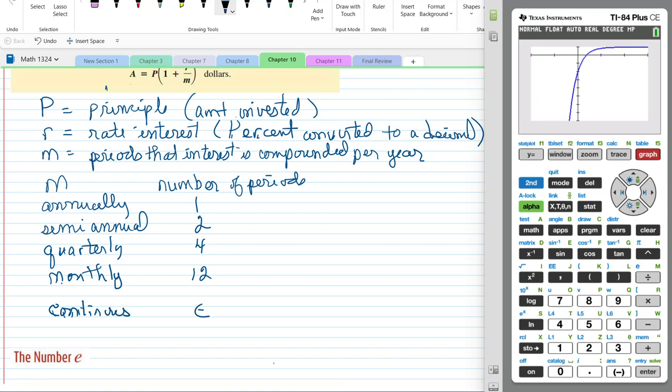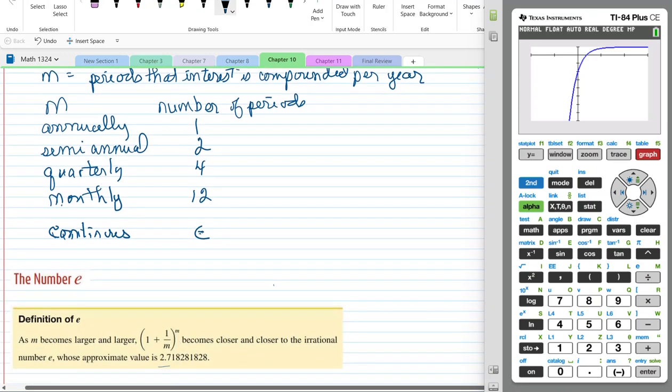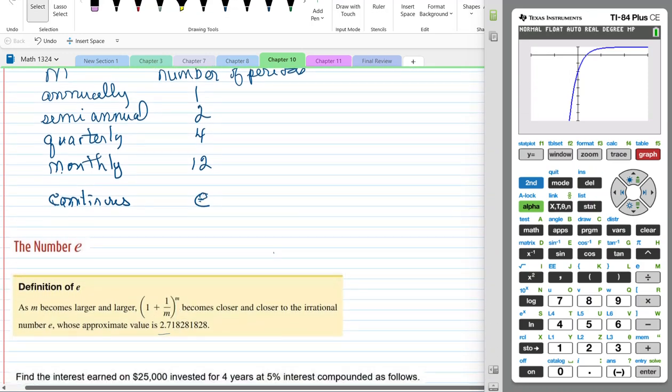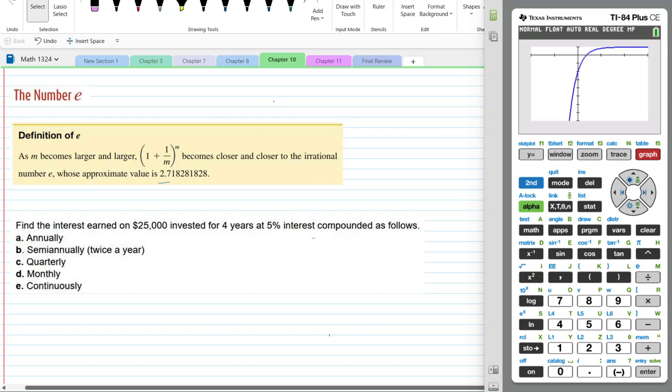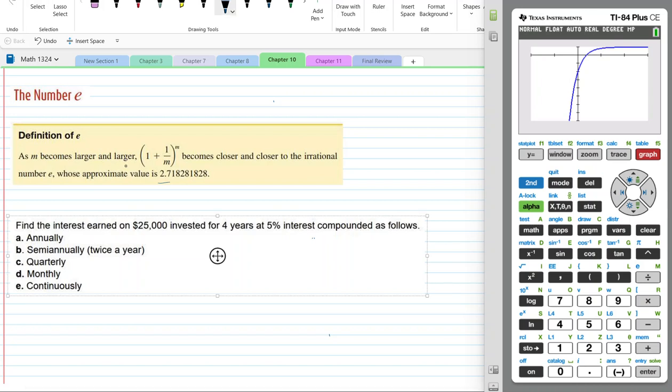Right. So now I mention what E is on this section. As M becomes larger and larger, it grows and grows and becomes closer and closer to the irrational number E, which was this number right there. So we're going to do some math here. And now I'm going to do it by construction.